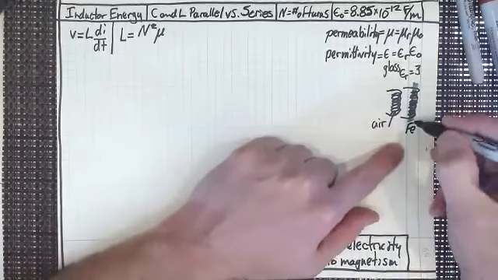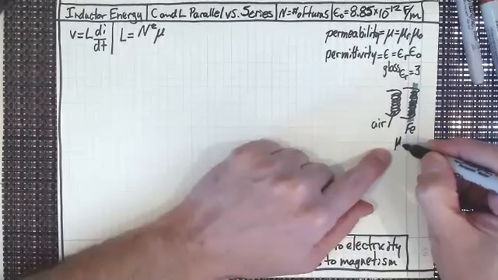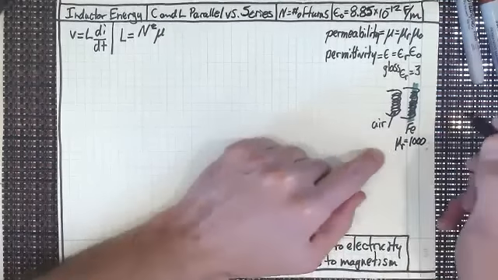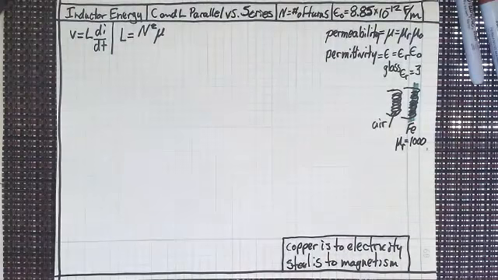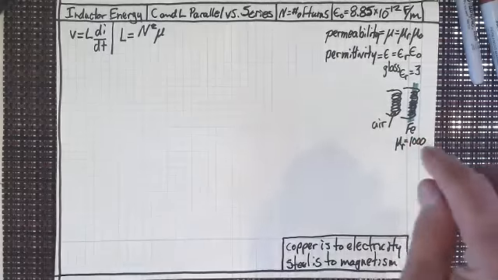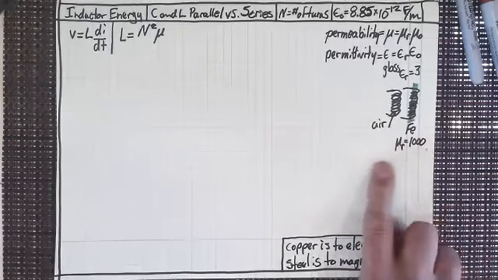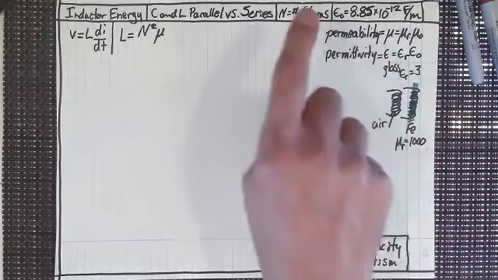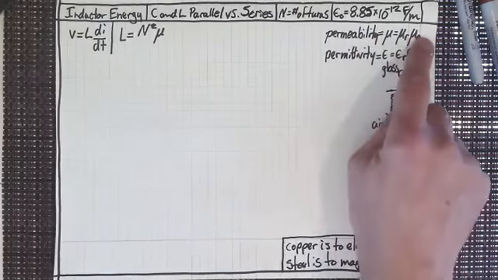Anyway, so that's steel. And what is the relative permeability of steel? It's about 1,000, right? Notice there's no units on there. It's a ratio. So steel has about 1,000 times the permeability of outer space.